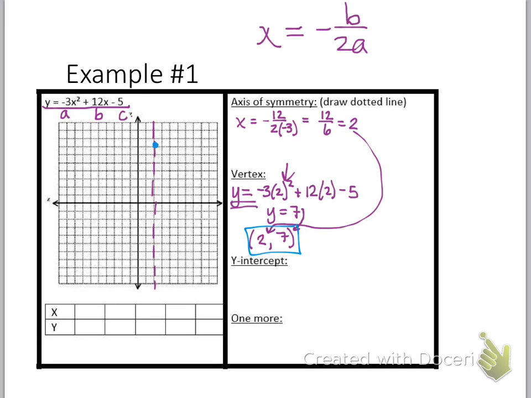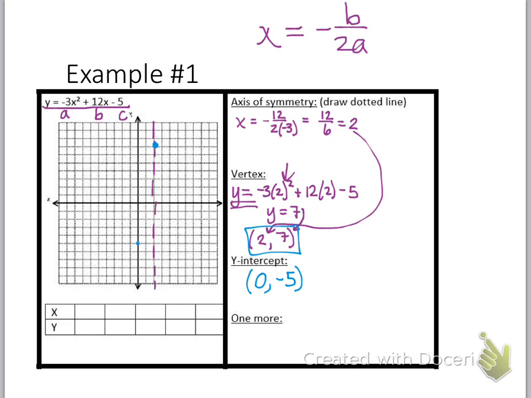Next, we're looking for the y-intercept. The y-intercept, as it says in the steps, is always going to be (0, c). And in this case, c is negative 5. So I'm going to cross the y-axis at negative 5. Now, 1, 2, 3, 4, 5.